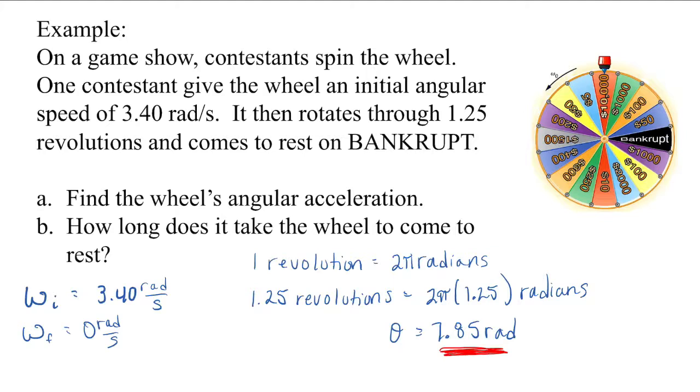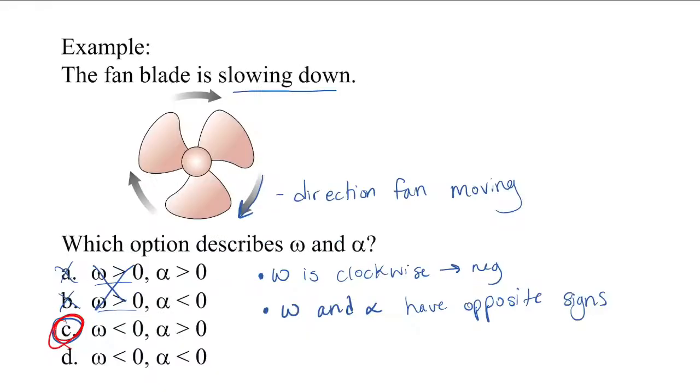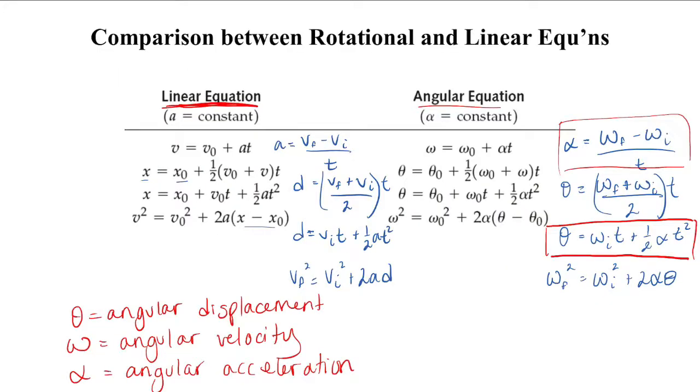Okay, so how are we going to do this? Let's figure this out. Find the wheel's angular acceleration. So I have initial, final, and angular displacement. So if I look at these equations, I'm going to look at what I can use.